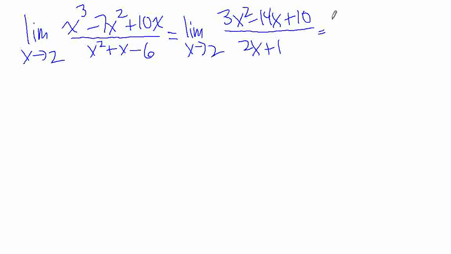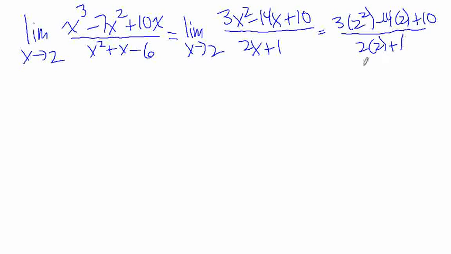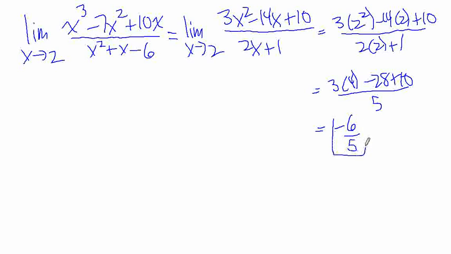So 3 times 2 squared minus 14 times 2 plus 10. On the bottom, 2 times 2 plus 1. So 3 times 4 minus 28 plus 10 divided by 5. 12 plus 10 is 22, 22 minus 28 is minus 6. And then there you go.